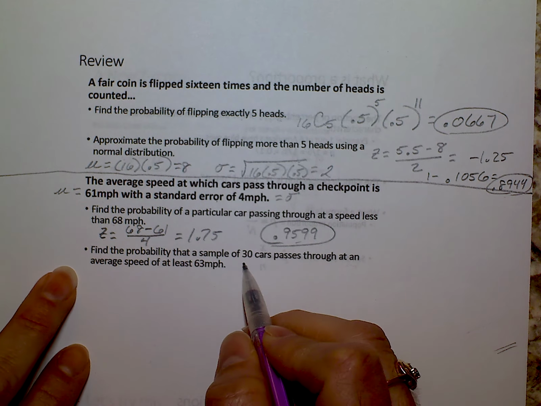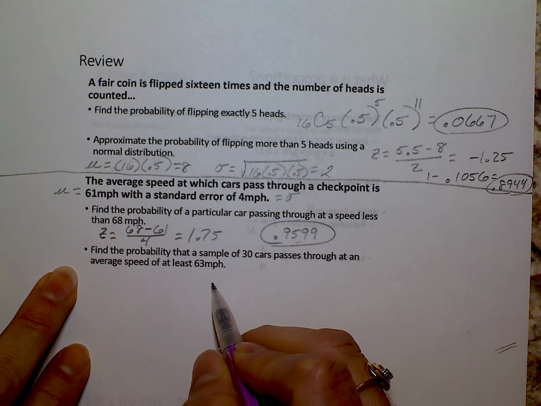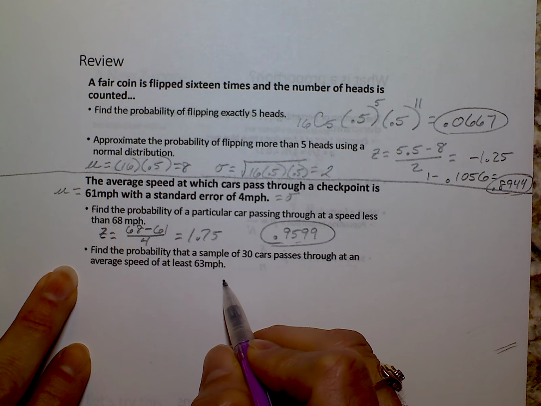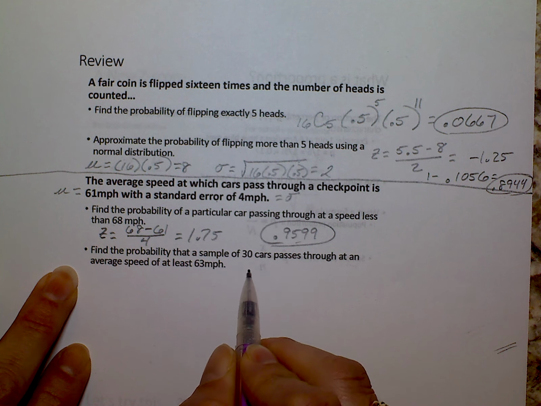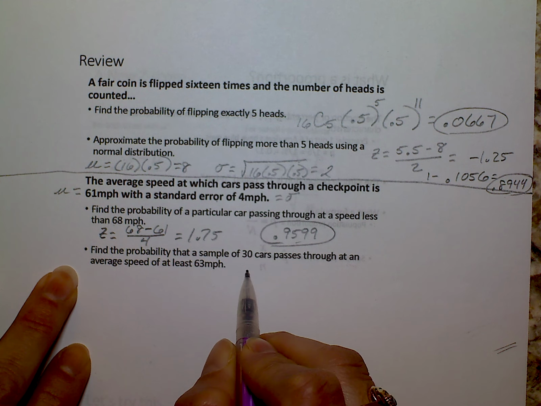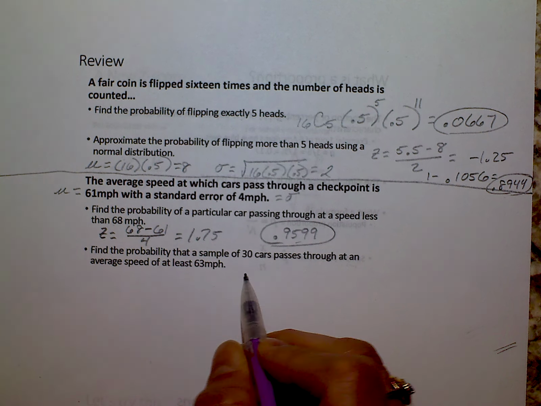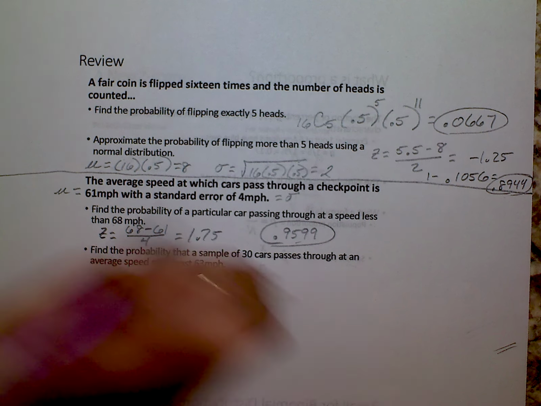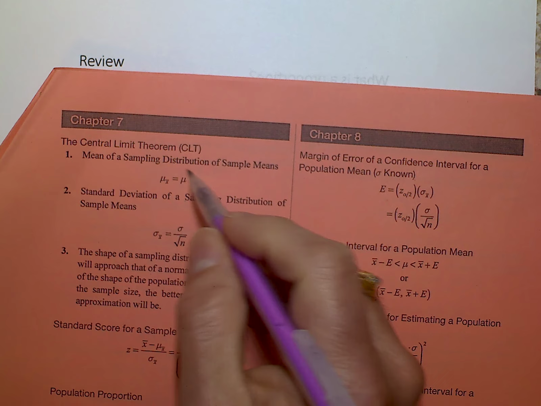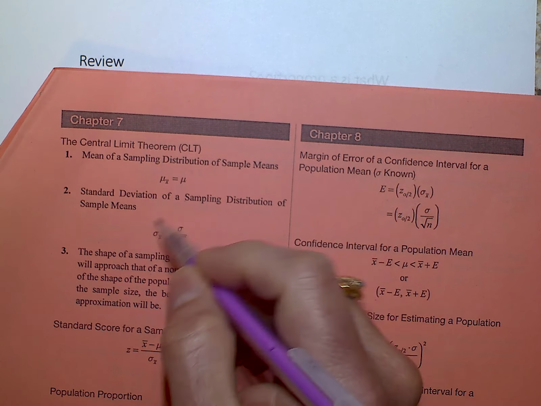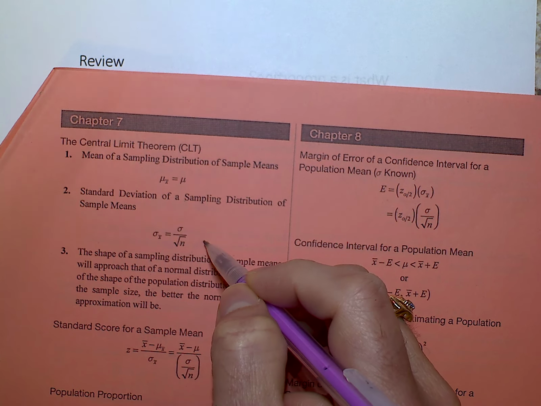Now find the probability that a sample of 30 cars passes through at an average speed of at least 63 miles per hour. This is where we have to do the sample, and so we are changing to chapter 7. Let me show you where this is. When a sample is used, we are going to use these formulas.